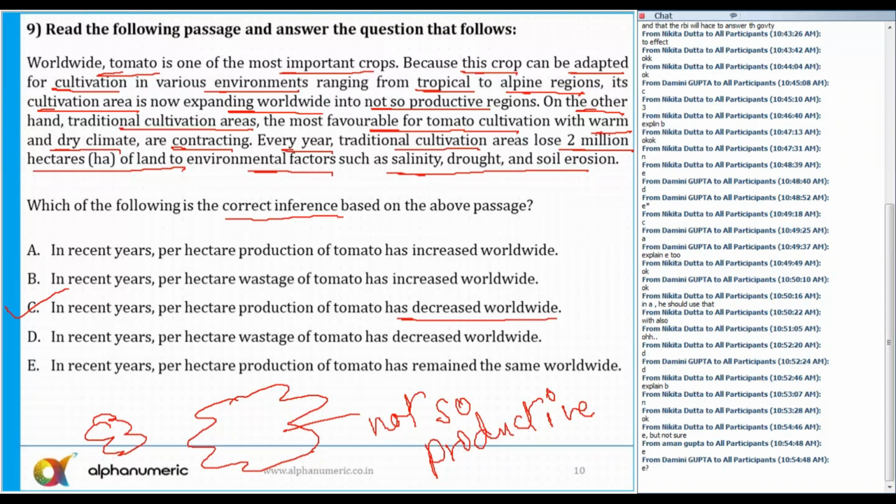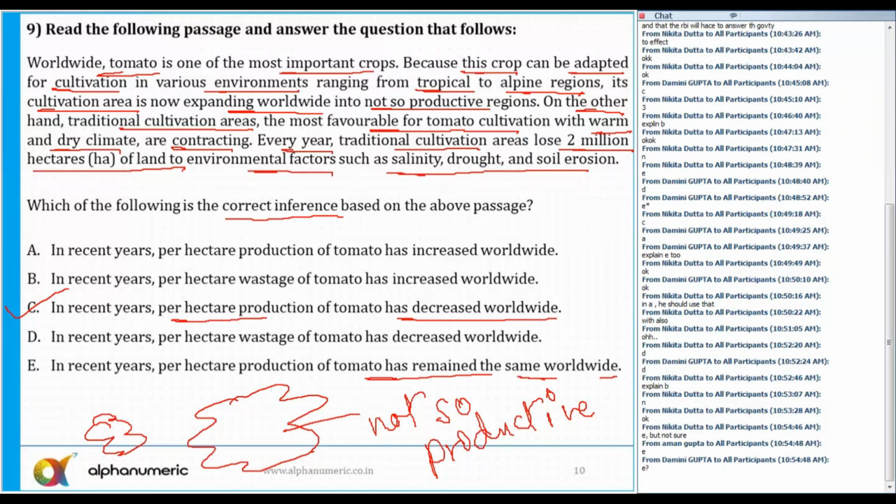So even though the number of hectares has increased, the per hectare production has decreased, because he has already told you that traditional cultivation areas, where you get very high per hectare production of tomato, are contracting year on year. So even though overall production may have increased, per hectare production has decreased worldwide. It has not remained the same.